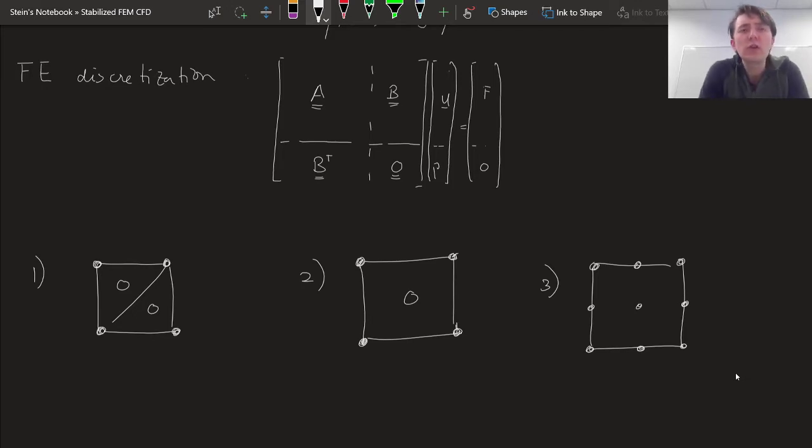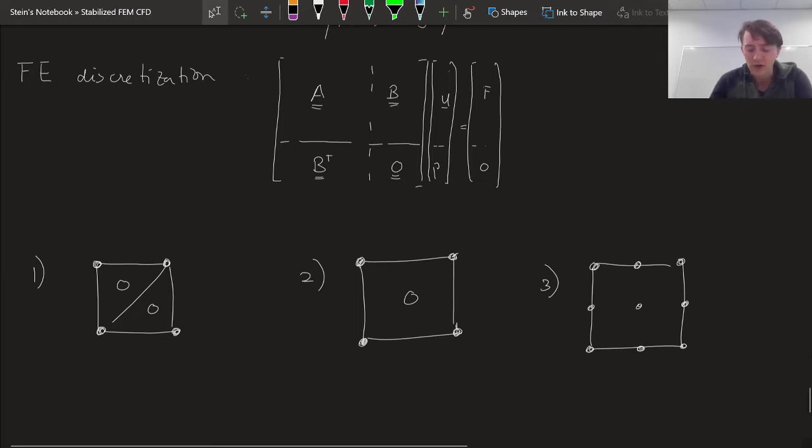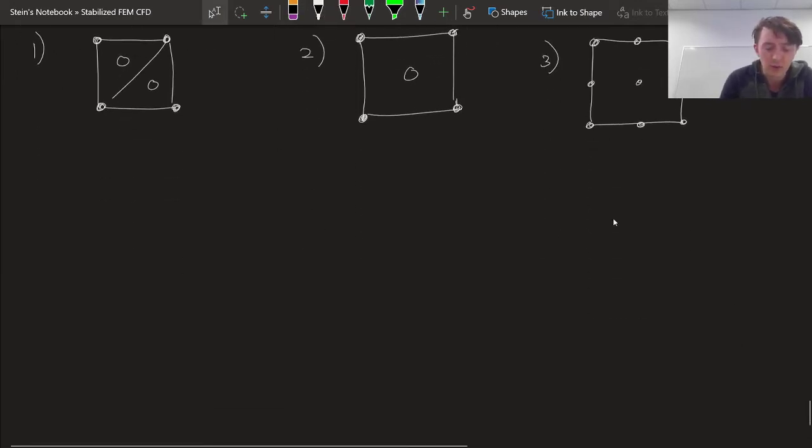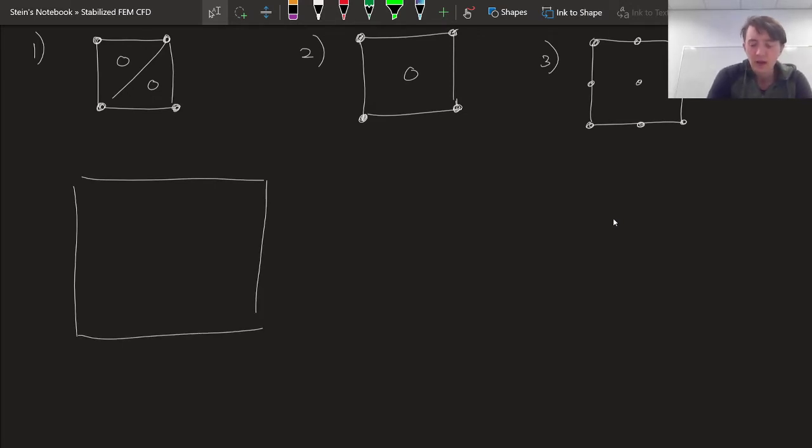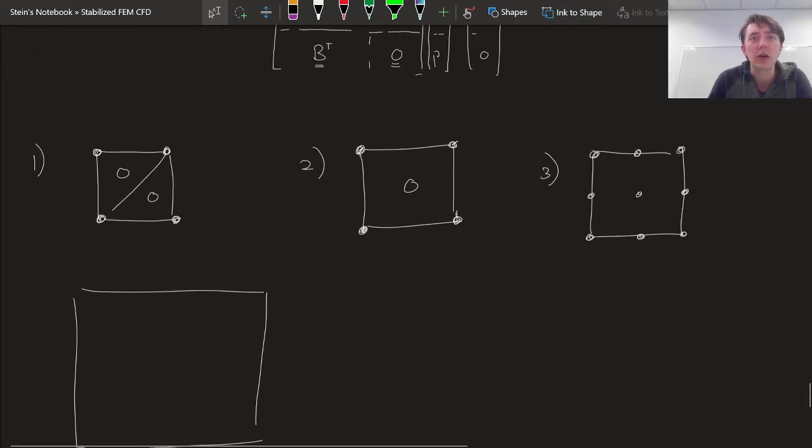Okay, so what do these drawings mean? And I think we already saw these drawings a couple of times in this class. So let's try to understand what they're actually trying to tell us. So the idea here is that we would develop a certain mesh. So let's assume that our domain is actually just a square. And now we're going to mesh this square with elements of these shapes, right? So on the left one I actually have triangular elements.